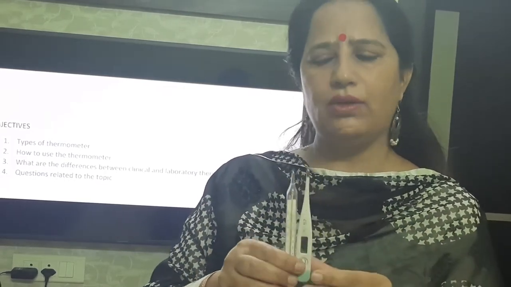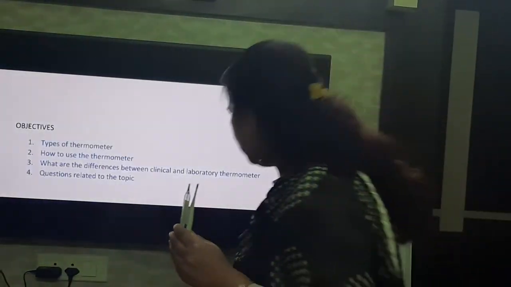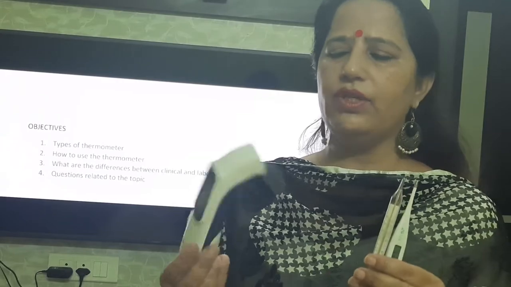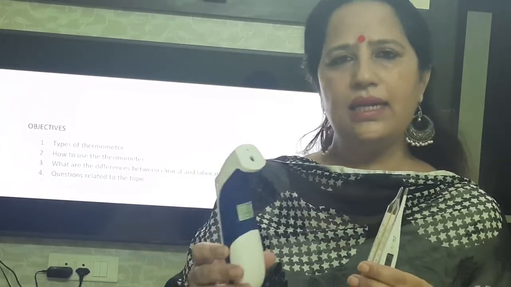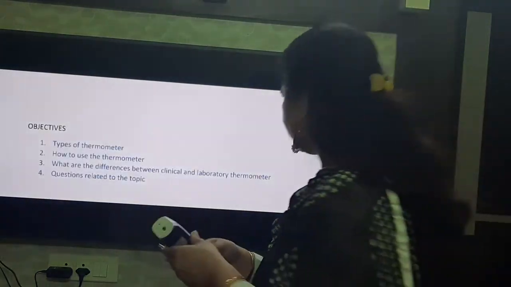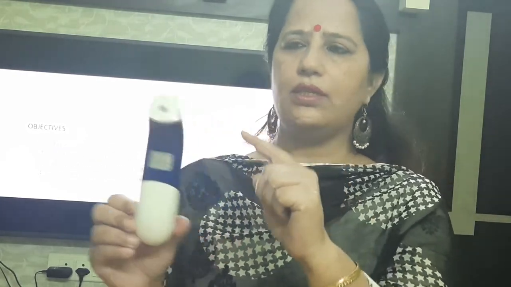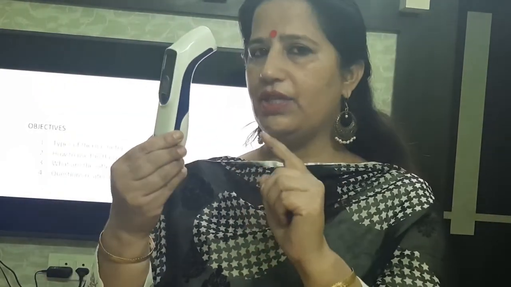Okay, let's move now to the third type of thermometer, that is thermal scanner. In today's scenario, we are using these thermal scanners. Let's have a close look at this. So see here, it has an application part which is used near the forehead of the patient.